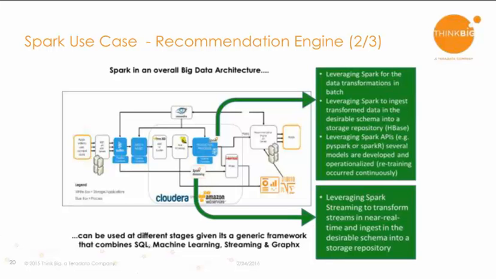So in this particular case, what is really important to call out is Spark is being used as a batch tool to really transform the data into a format that a further downstream application like HBase is expecting, and is doing that continuously.